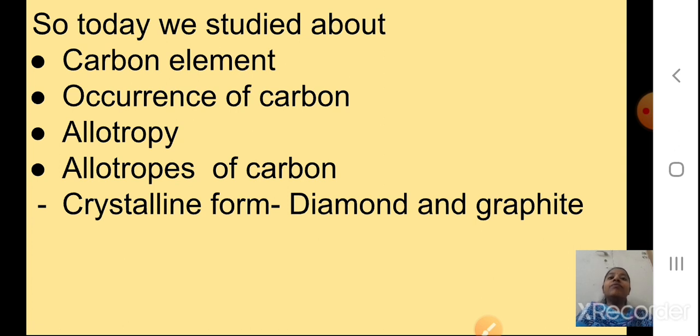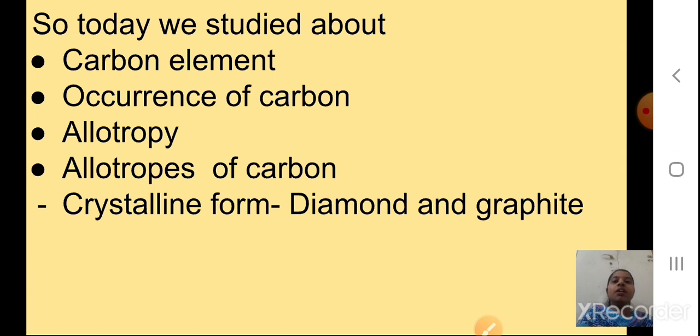Okay, then we studied what is allotropy. In that we saw about the chemical properties and physical properties, right? Chemical properties will be same, but the physical properties will be different. Then we studied allotropes of carbon. Yes, in that we studied the crystalline form, that was diamond and graphite.